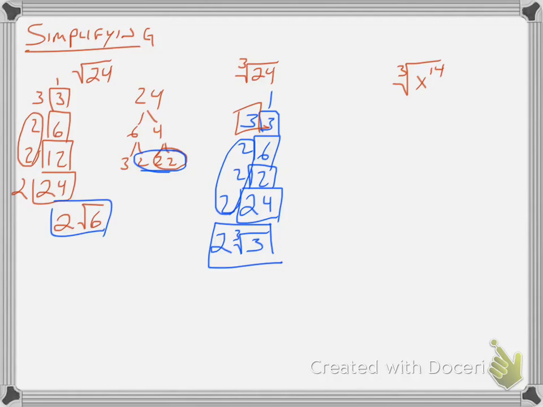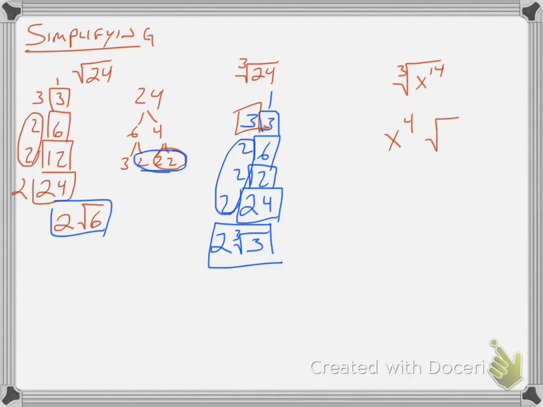And when it's a variable, very similar to 6.1 that we did today. Okay, divide it. But in these, they don't go in evenly all the time. So 14 divided by 3. Well, 3 goes into 14 4 times. So that means x to the 4th is going to come out. But when I multiply 4 times 3, that's 12, not 14.